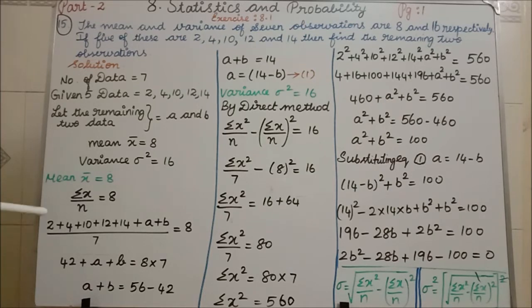So what are the data? 2, 4, 10, 12, 14 plus remaining 2 data we don't know, so a plus b, divided by totally how many observations? The question they were saying 1, 2, 3, 4, 5, 6, 7. So divided by 7 equal to this 8.